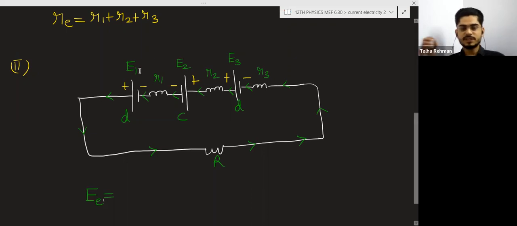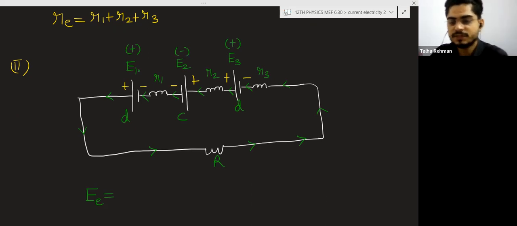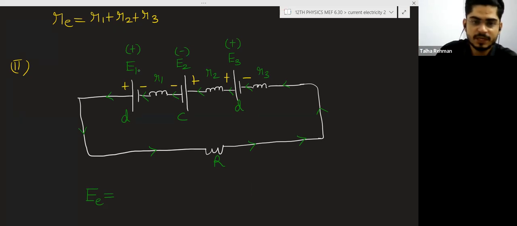But I will suggest you take the bigger EMF as positive. So I am taking the discharging as positive here. Positive, discharging; negative, charging. This is just a sign convention. You will get the same answer again and again.